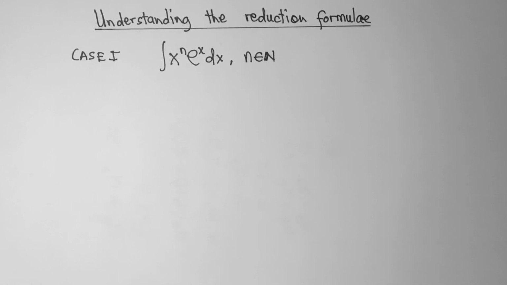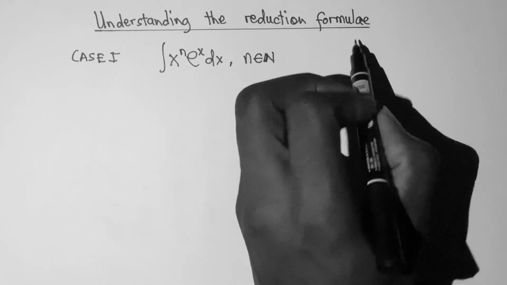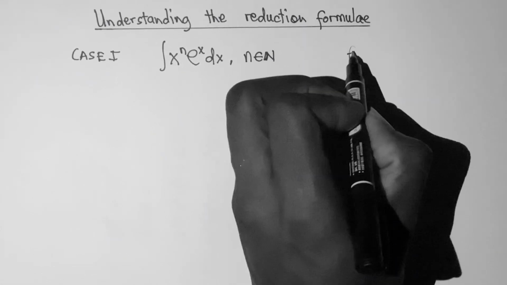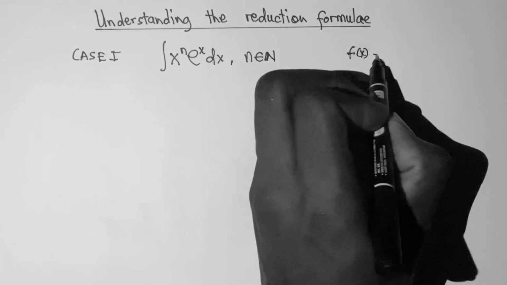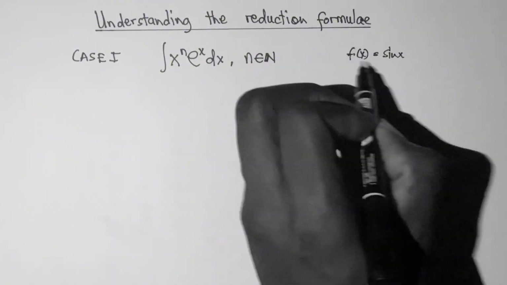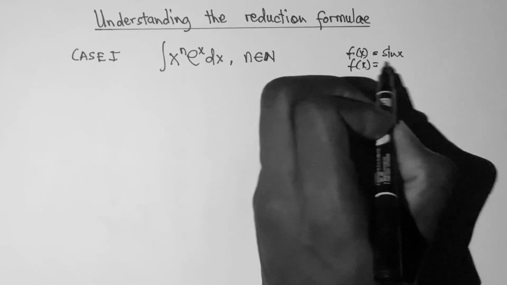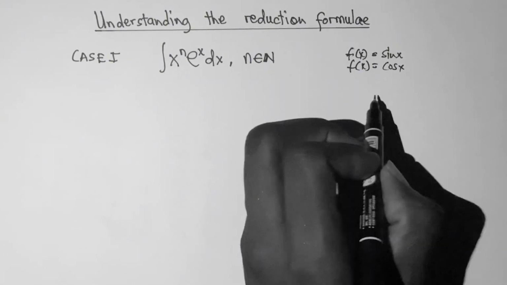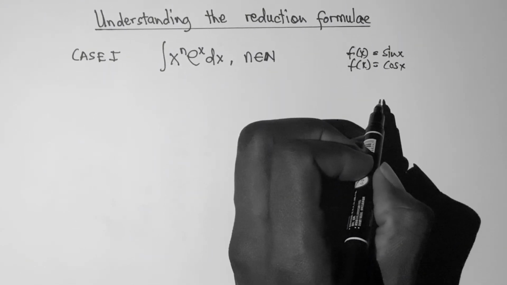In this video, we are going to talk about the reduction formula. It also falls as part of integration by parts. Now, if we are given functions like, for example, f of x equals sine x, or f of x equals cos x, these are very simple functions to integrate.